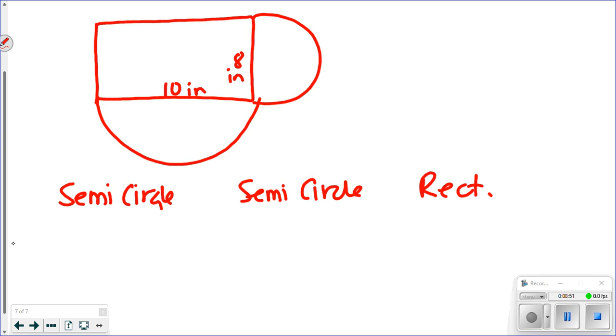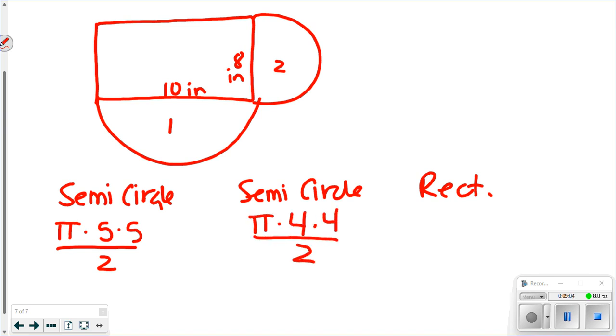So I'm going to make this 1 and this 2. Pi times 5 times 5 divided by 2.